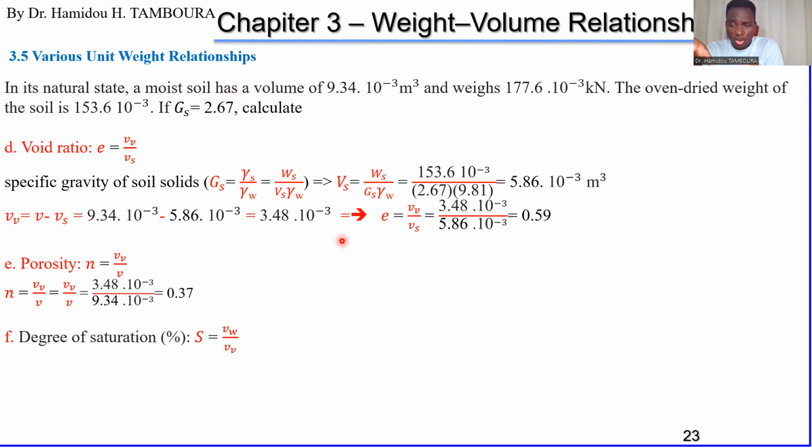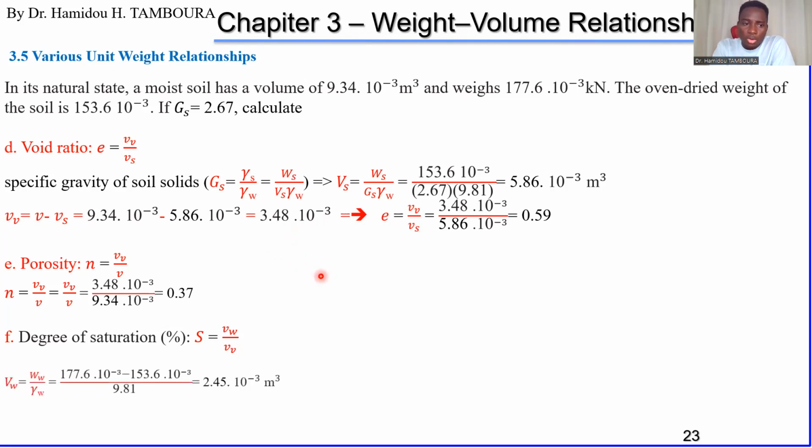So we need the volume of water only. In this volume of void, we have volume of water and volume of air, but we need volume of water.